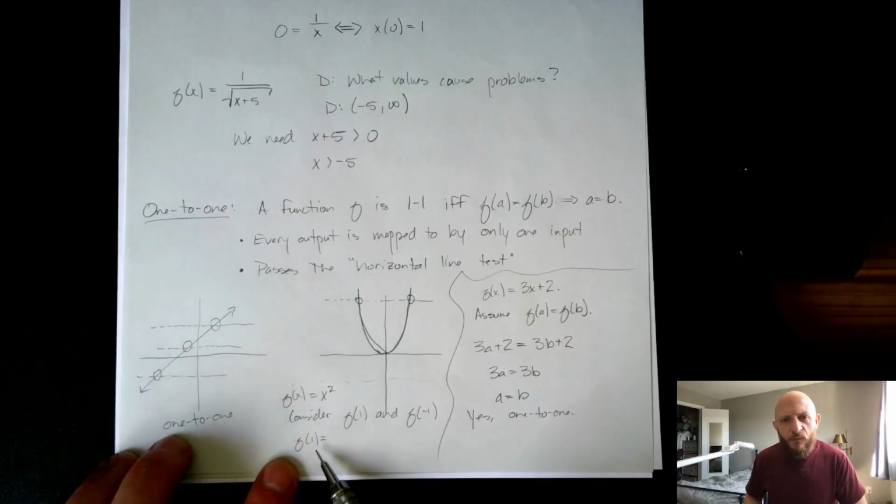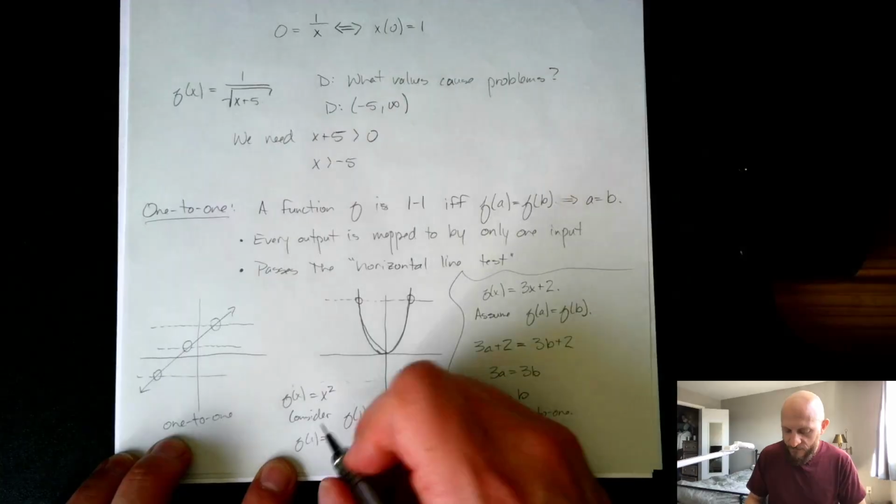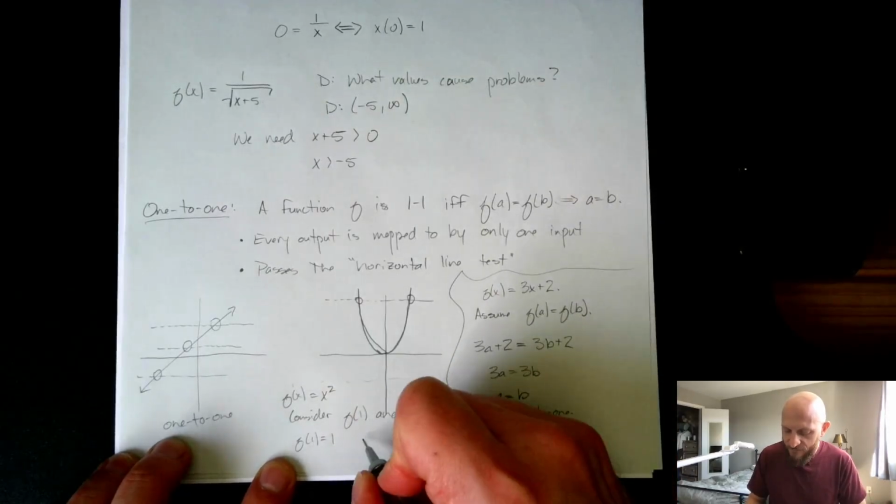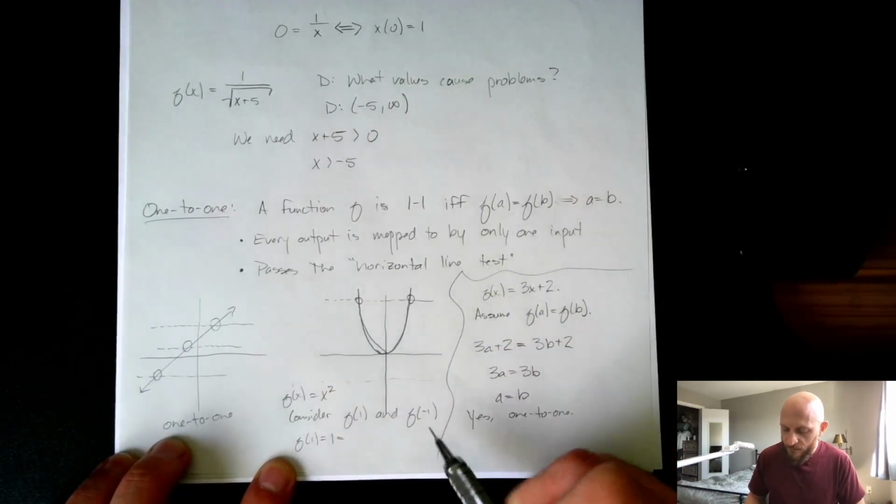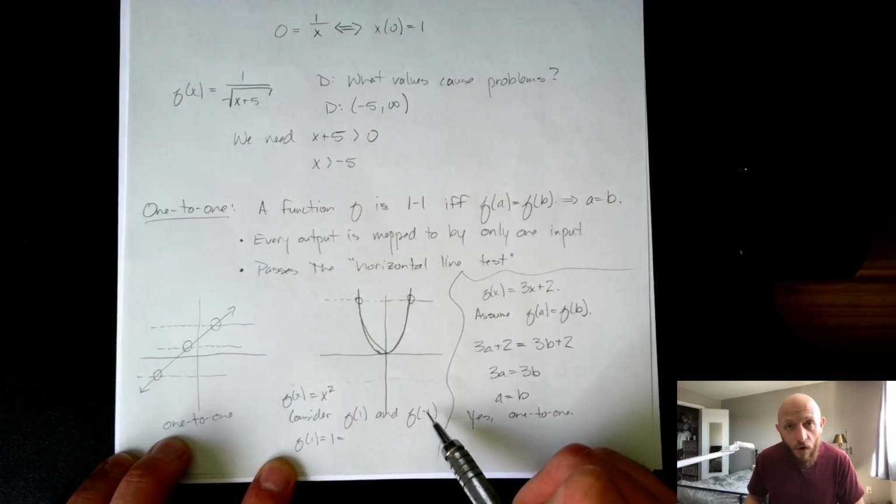What is f of 1? Well, f of 1 is 1 squared, so that's 1. What is f of negative 1? Well, negative 1 squared is also 1.